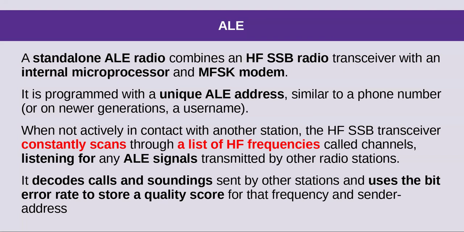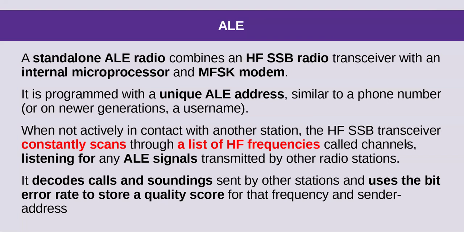There are specific radios, so it's got to be an ALE radio. That's why they say a standalone ALE radio. There's another one, they're really Australian. They design radios for ALE, and usually they're used for professional stuff, not just normal amateur radio stuff.